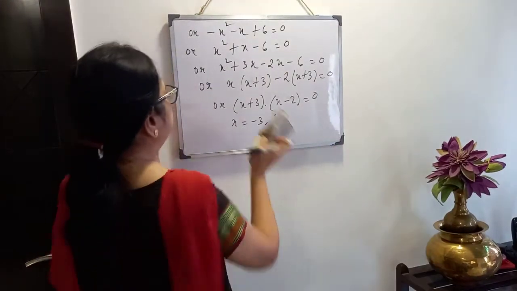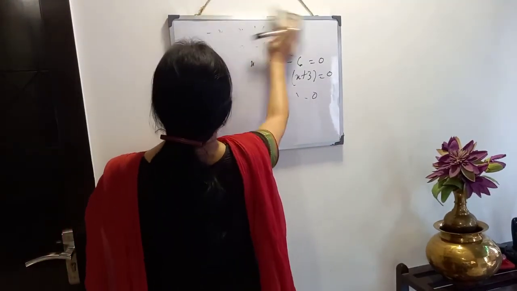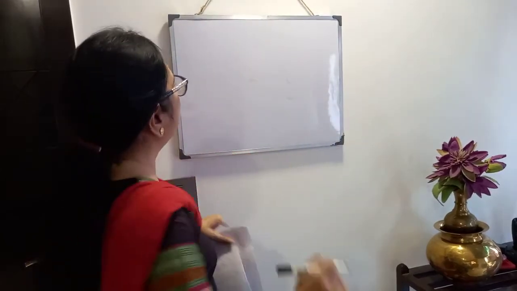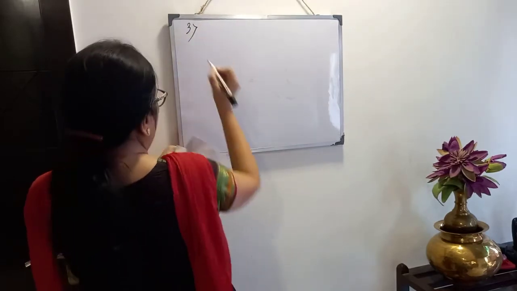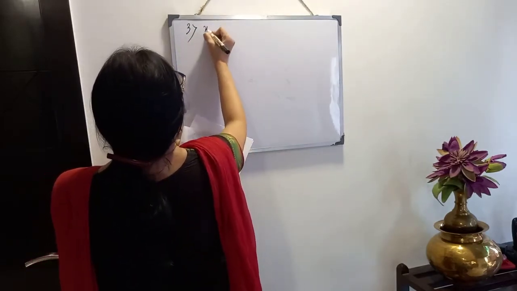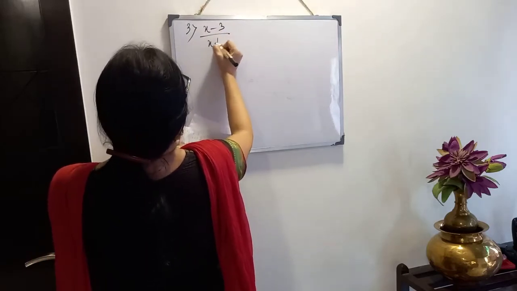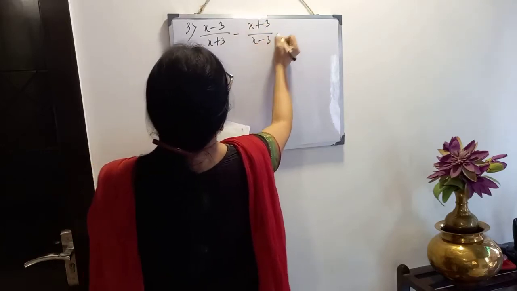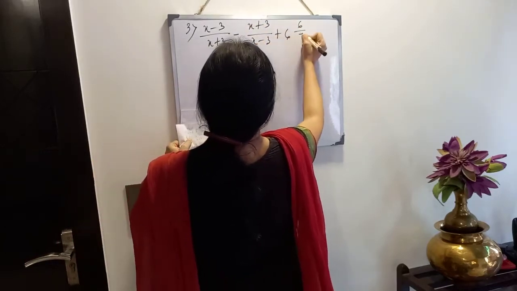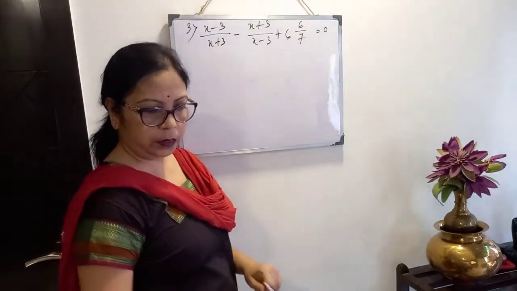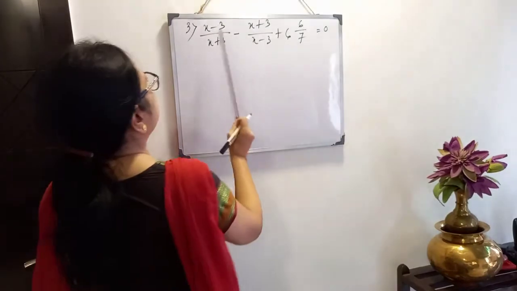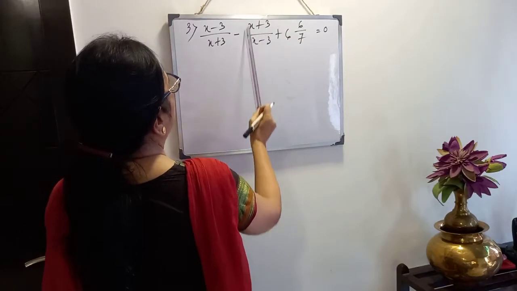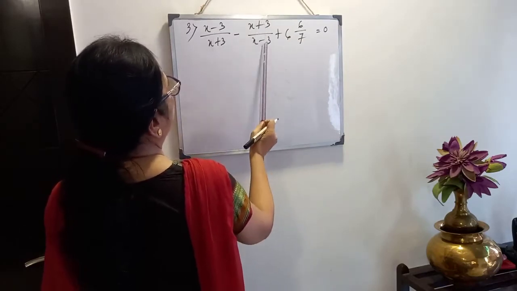Now next one. Now see, different types I am showing. The sum is in this form, x minus 3 by x plus 3 and that is just the inverted fraction of this, x plus 3 by x minus 3.